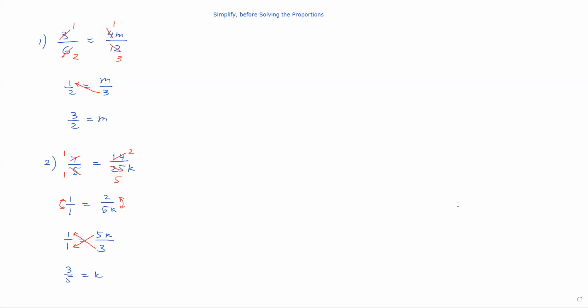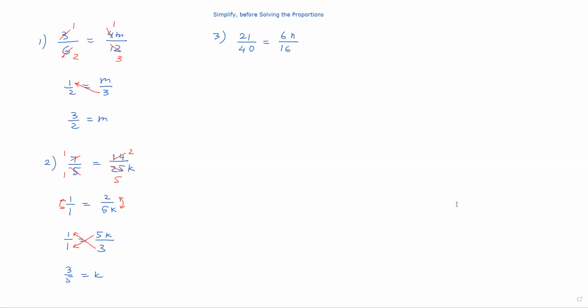We'll do a couple more examples so we have more variety in the problems. Number 3. Let's say we have 21 over 40 equals n over 16. So here we have a choice.